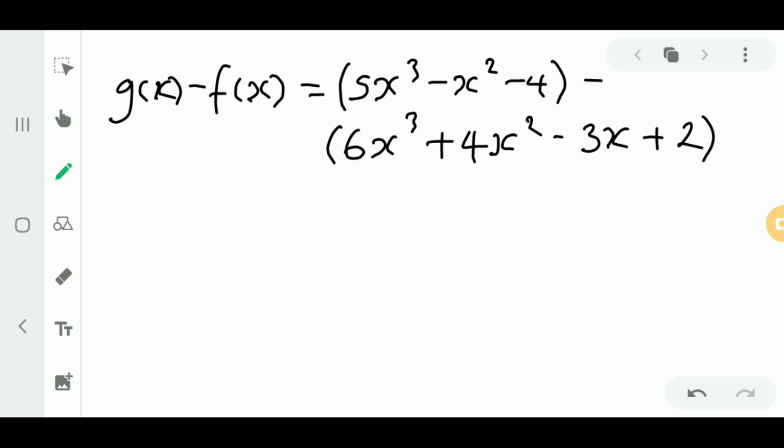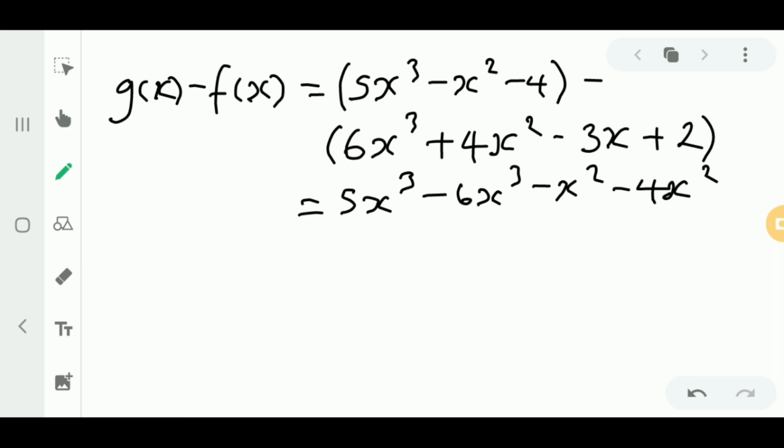Again, because we're subtracting, the signs in the second bracket would change. So we're going to group our like terms and remove the brackets all in one. So we have 5x cubed minus 6x cubed minus x squared minus 4x squared, because minus and plus would give you a minus. Then we have minus minus, so that means we have plus 3x. Then we have minus 4 minus 2.